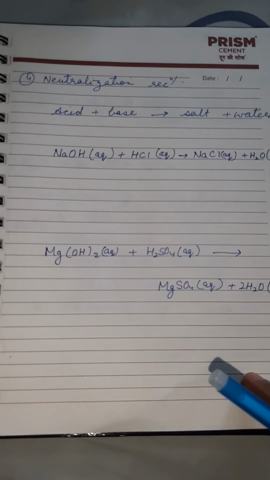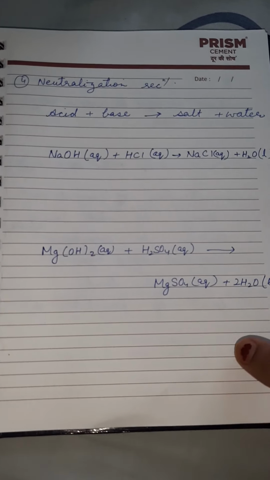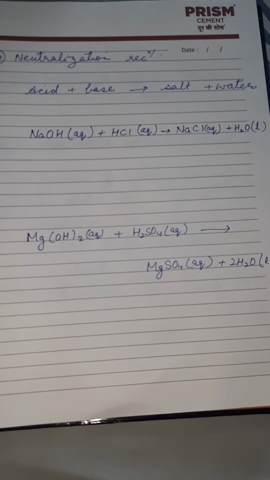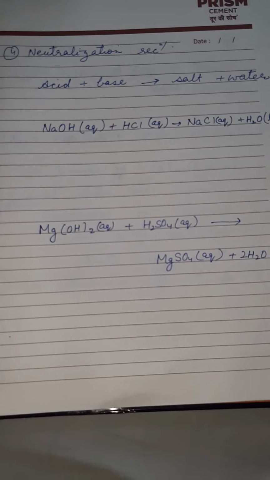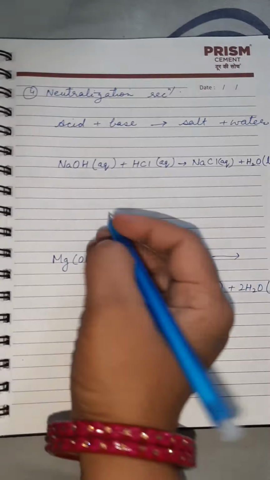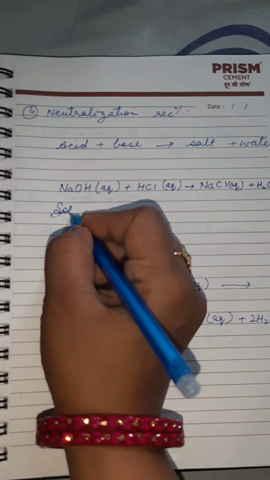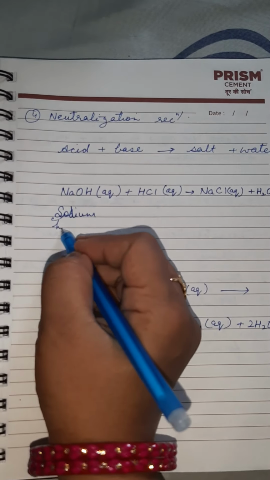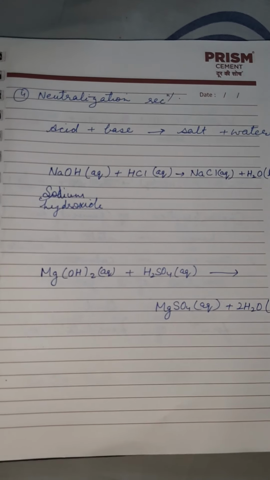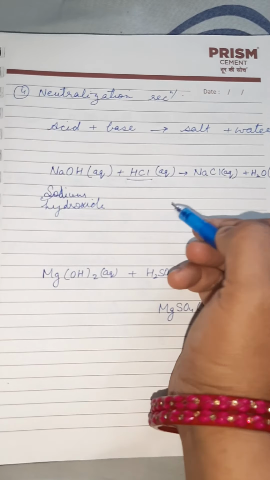Then the next type of reaction is neutralization reaction. In neutralization reaction, acid and base combine to form salt and water is released. You will read about acids and bases in the next chapter. For example, sodium hydroxide. This is sodium hydroxide, aqueous, it means dissolved in water, plus hydrochloric acid.